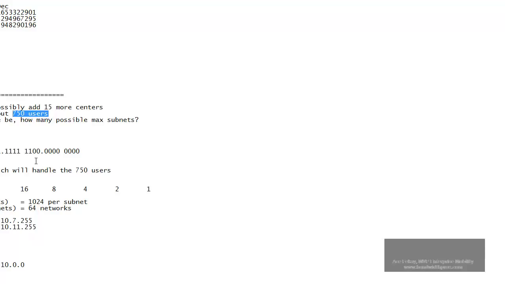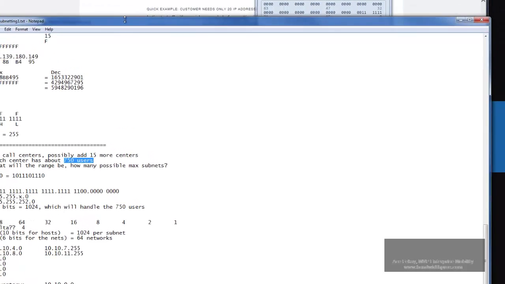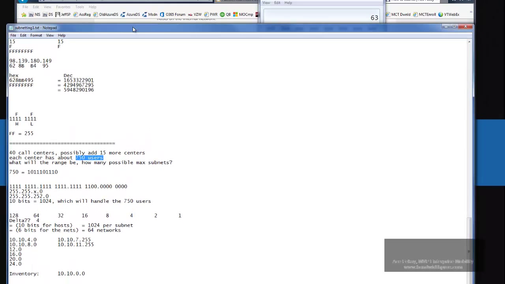If not, we would have had to extend the subnet into the next octet. I was going to go into class A, B, and C, but that would be for another day. Right now, we were working with private IPs. Private IPs have a specific range, and these ranges are what we call black hole routed, so they're ignored on the internet. But anyway, this is basically how you subnet.